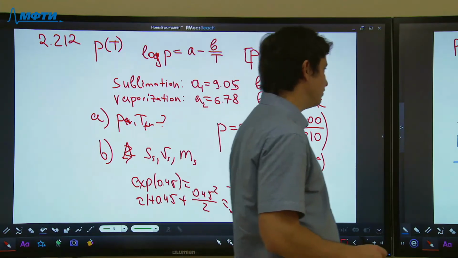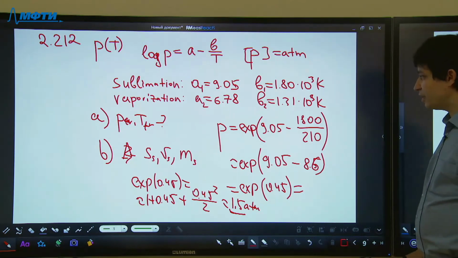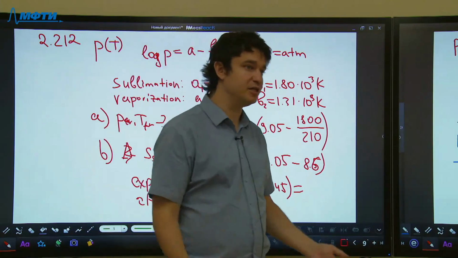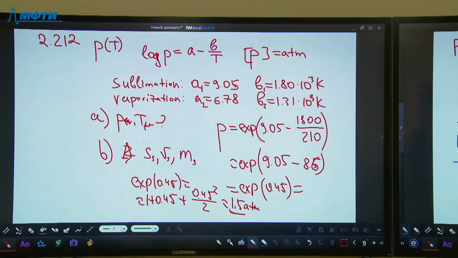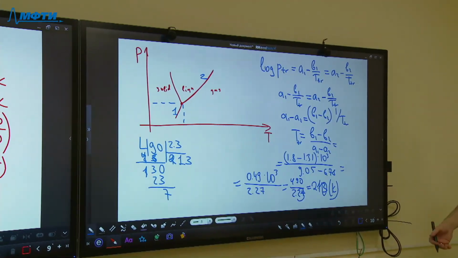Yeah, probably close. So now we get to the second part of this problem, which is to calculate the specific latent heats of vaporization, sublimation, and whatever else. As you know, mostly this refers to the Clapeyron-Clausius equation, which allows us to relate the derivative of pressure over temperature to something else.